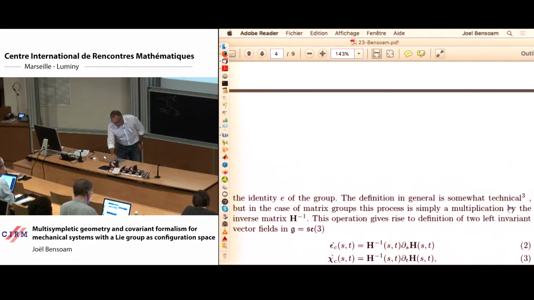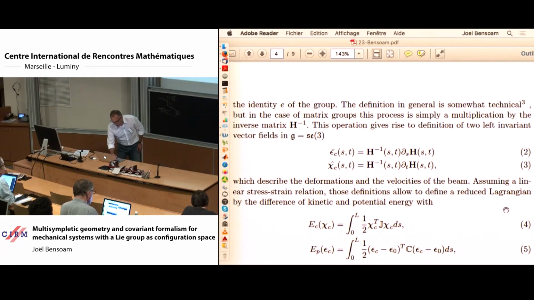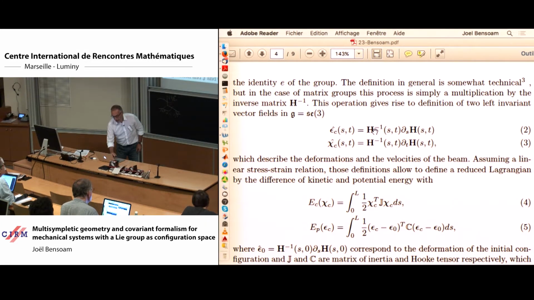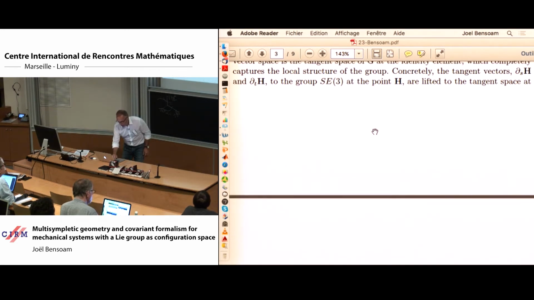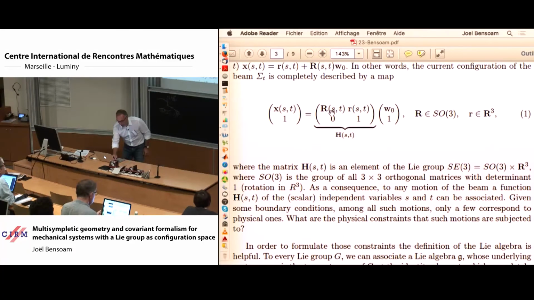So if we introduce H, an element of the group with two components, a rotation matrix and a vector of translations.